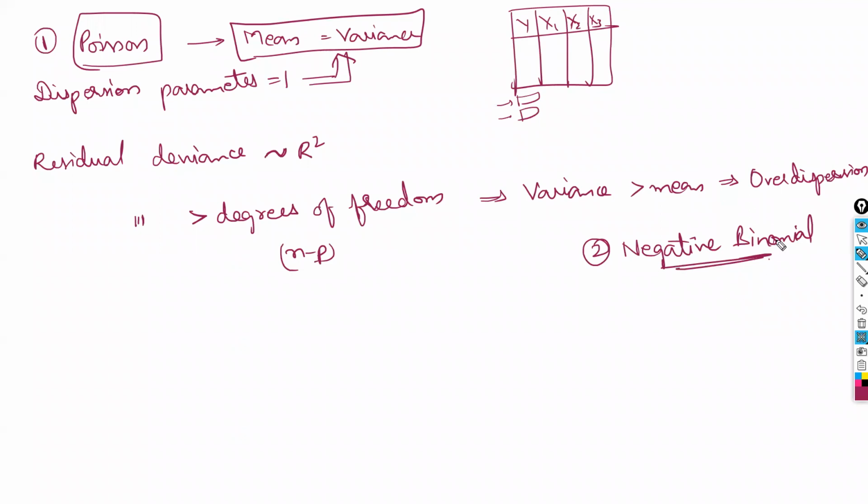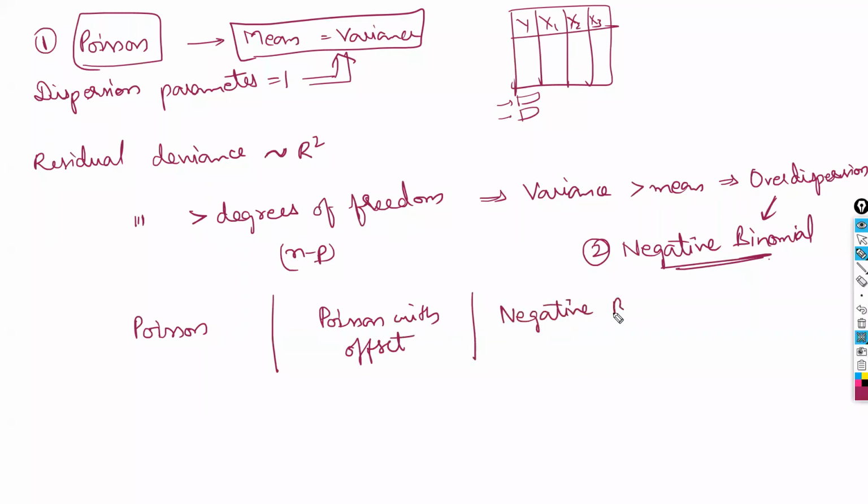So you prefer negative binomial over Poisson regression. But the ideal scenario is that if you have a count model, try out Poisson, try out a Poisson variant called offset, Poisson with offset, and you try out something else, which is called negative binomial.